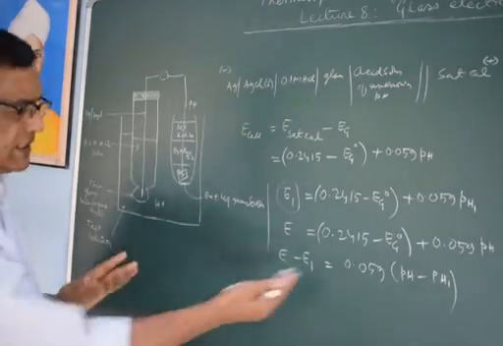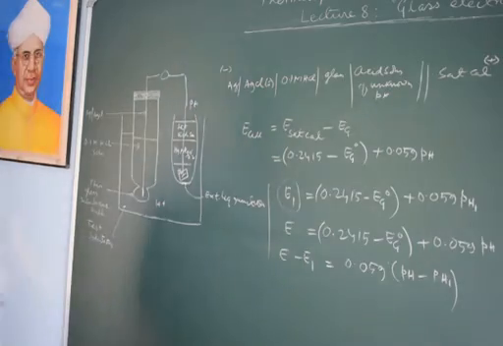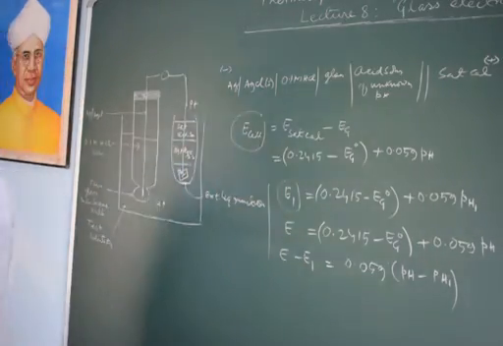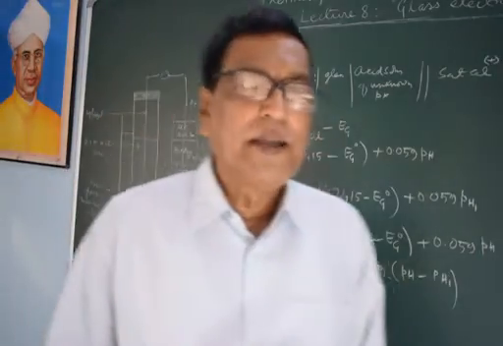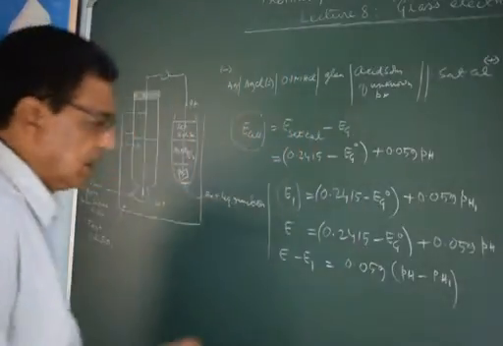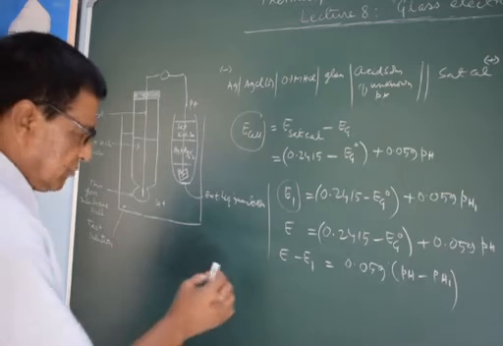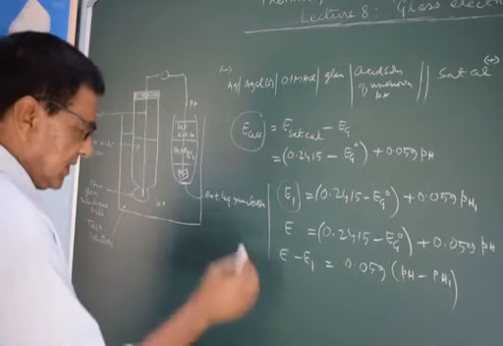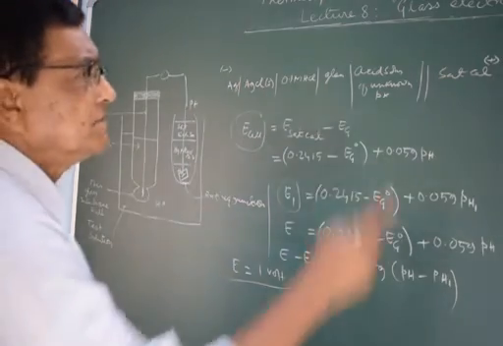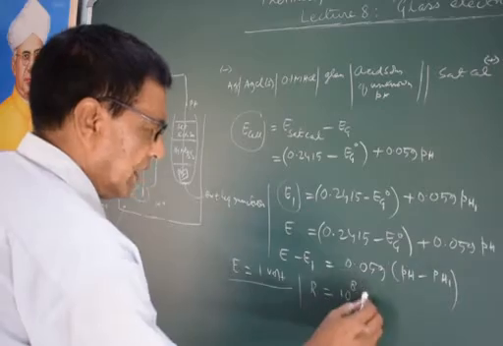The main problem is that this cell potential could not be determined by means of an ordinary potentiometer. Suppose the potential of this cell is 1 volt, and the resistance is equal to 10 to the power 8 ohms.